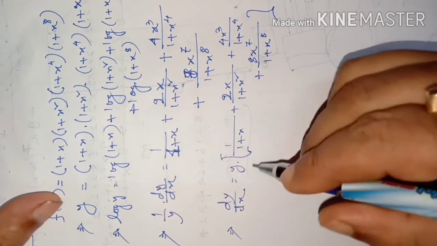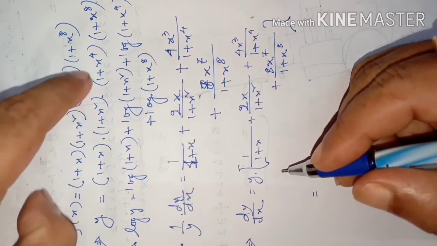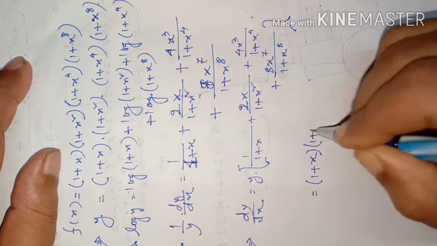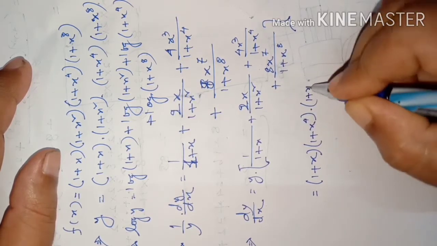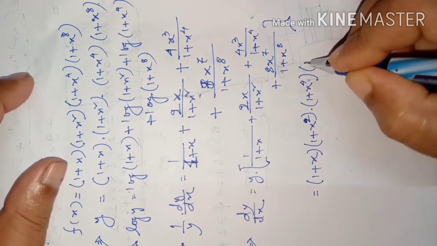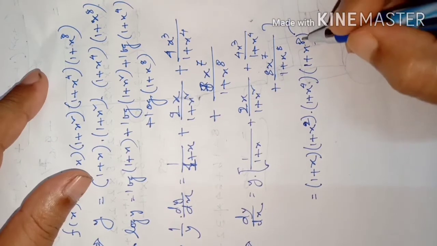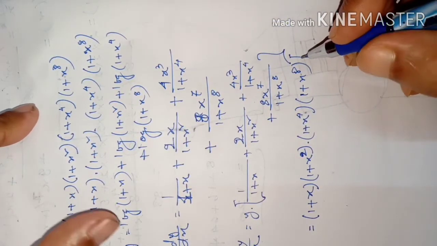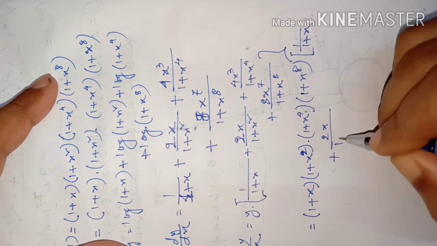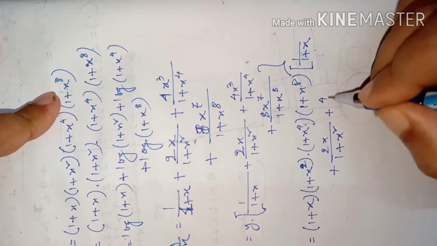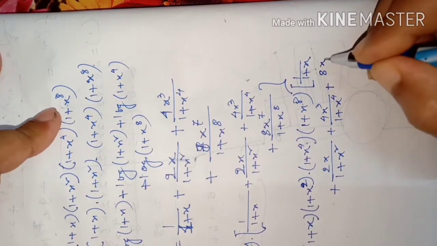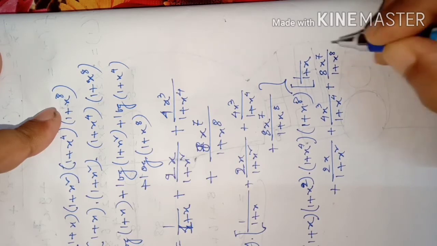Now this y, originally what does y stand for? You write here 1 plus x into 1 plus x square into 1 plus x to the power 4 into 1 plus x to the power of 8, into bracket, that is 1 by 1 plus x plus twice x by 1 plus x square plus 4x cube by 1 plus x to the power 4 plus 8x to the power of 7 by 1 plus x to the power of 8, bracket closed.